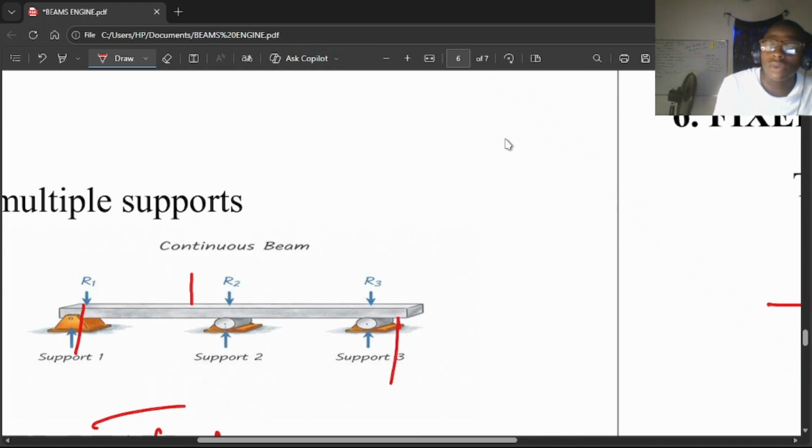So in essence, we have R minus 3, right? We are seeing this support here, and this support is an example of a hinge support. So we have two reactions here, one reaction here, and one reaction here. Why are we having one reaction here and one reaction here? Because these are roller supports.